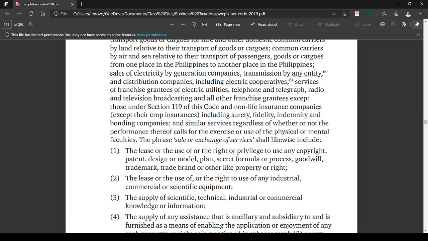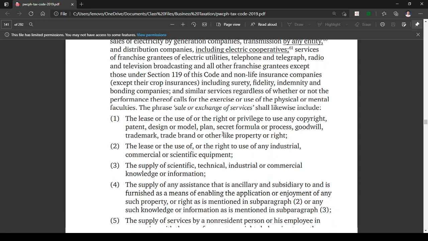So the phrase sale or exchange of services shall likewise include the lease or the use of or the right or privilege to use any copyright, patent, design, or model, plan, secret formula, process. Okay, so these are under sa term na sale or exchange of services.